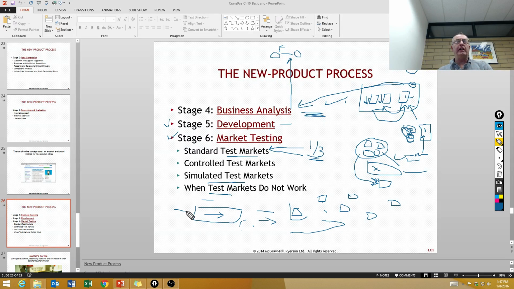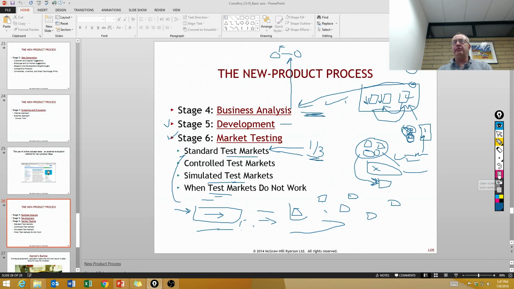So the virtual reality test marketing is going to be cheaper than doing a real test, but then a drawback is it's not a real market. So maybe real consumers would respond differently in the real world as opposed to in this virtual reality world.